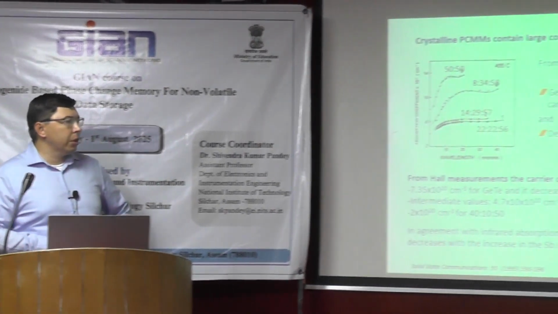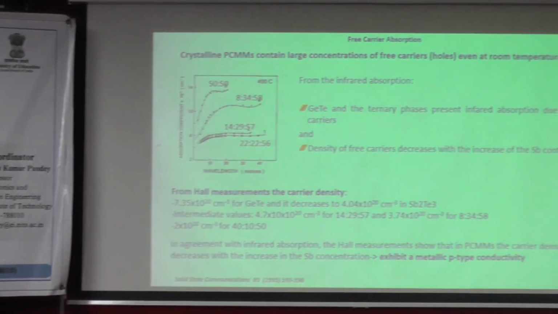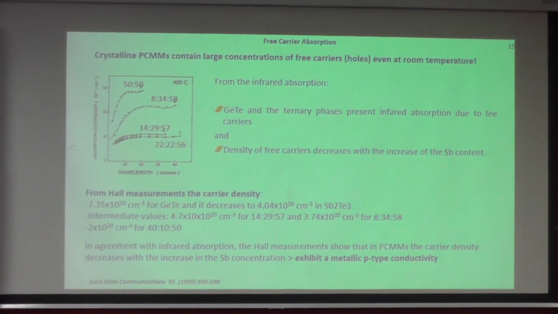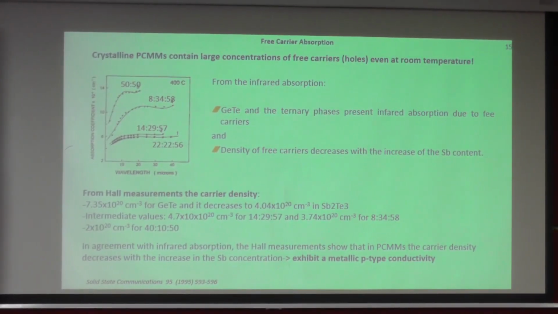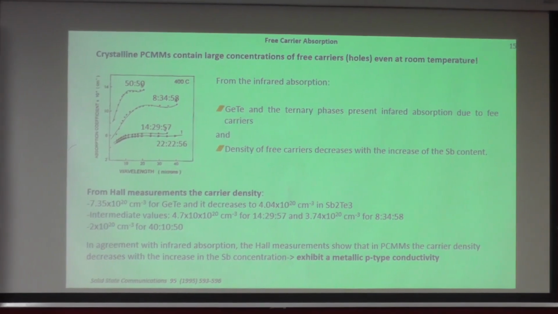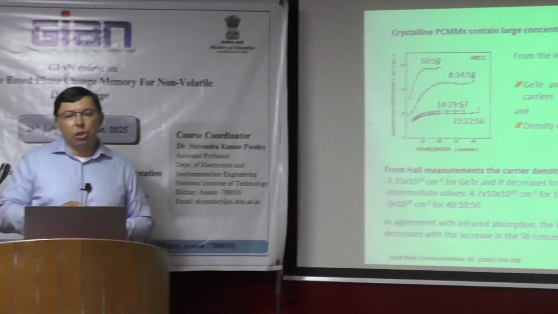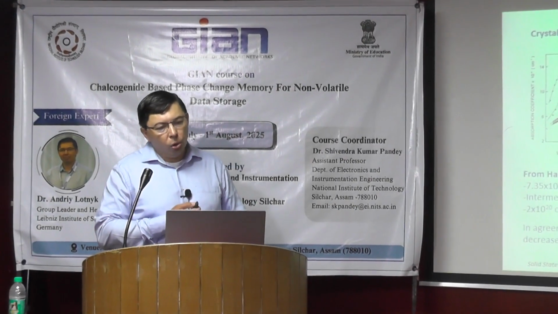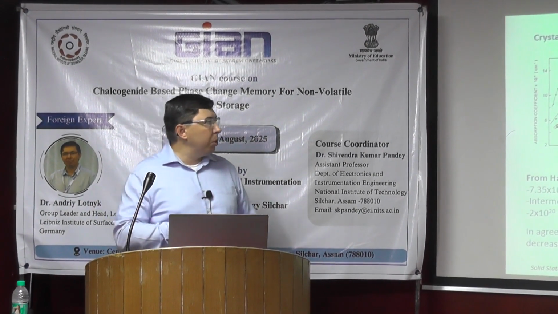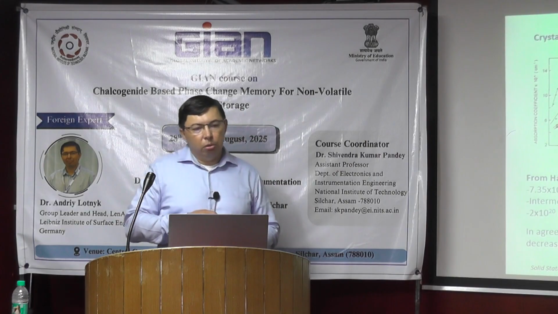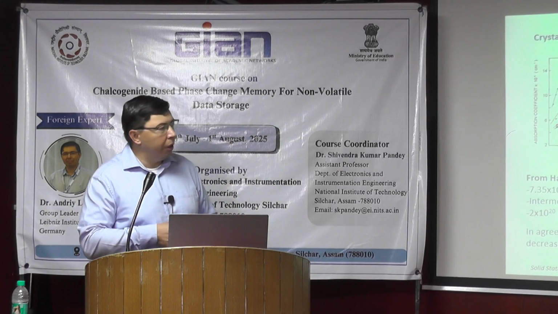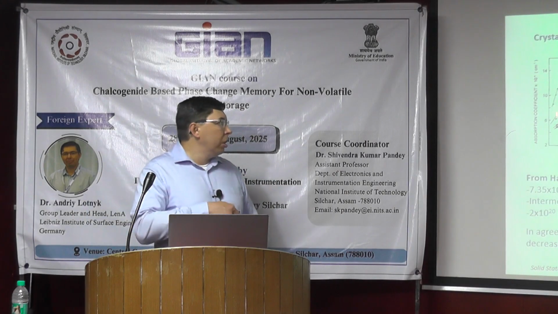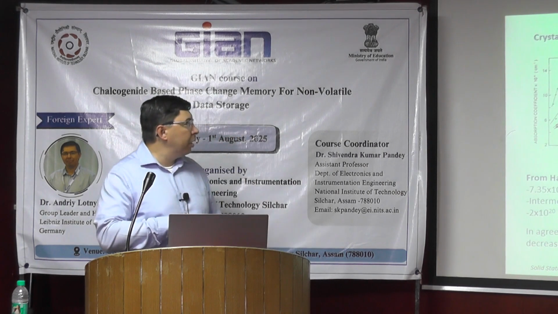So now another interesting parameter, this is the free carrier absorption. The problem with crystalline phase change materials is that they contain a large concentration of free carriers, like holes, even at room temperature. You can identify this from the infrared absorption in this wavelength range.